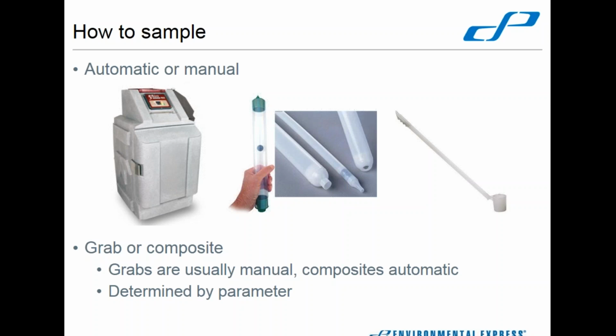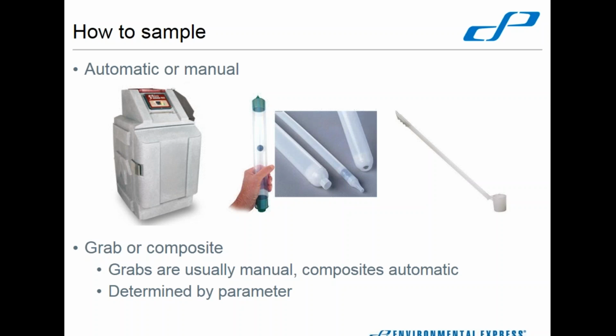And so during the day you are collecting more volume, and at night you're collecting less volume. Again, all depending on your flow and how things work. And so what you do is you collect an accurate representative sample of an entire 24-hour period.